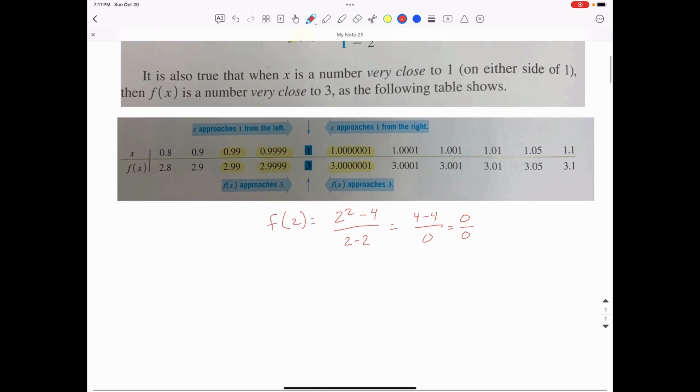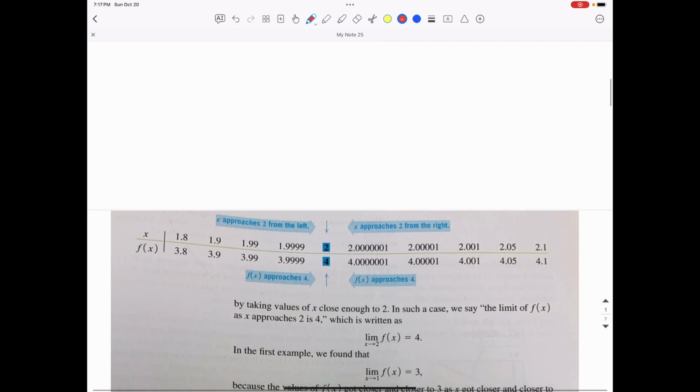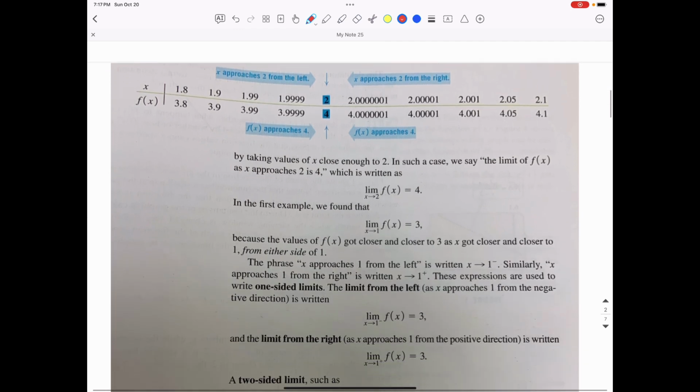Now, if you pick numbers that are close to 2, let me show you the chart that I accidentally showed a while ago. If you pick numbers that are close to 2, let's say we pick a number like 1.9, we get f of x will equal 3.9. If you pick a number very, very close to 2, like 1.9999, you get 3.9999.